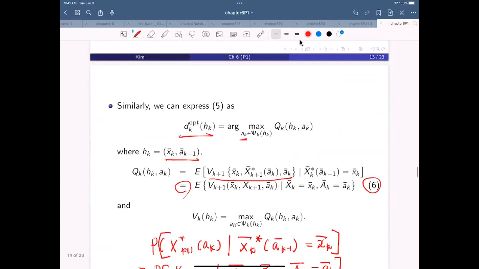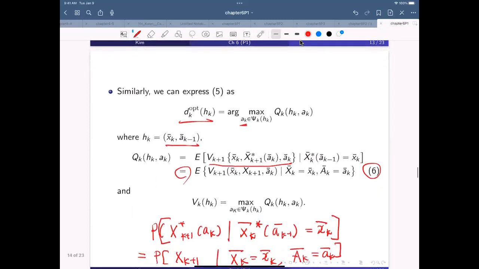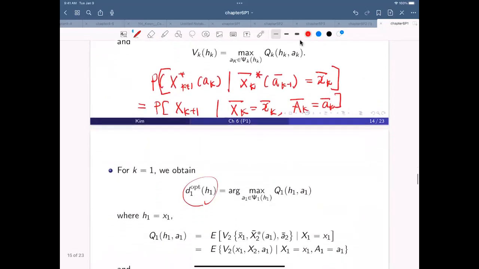Then use the value function as an outcome variable and take the conditional expectation to obtain the Q function for the previous step, and then use that Q function to obtain the optimal DTR, the optimal decision in the previous step, sequentially, until you get k equal to 1.